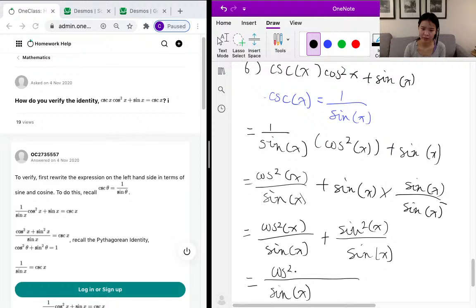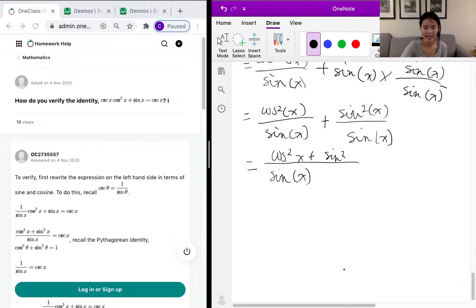So now we have cos squared x plus sin squared x over sin x as our next step. Now, we know that one of the Pythagorean identities is 1 equals cos squared x plus sin squared x. So we know that cos squared x plus sin squared x is also equal to 1.